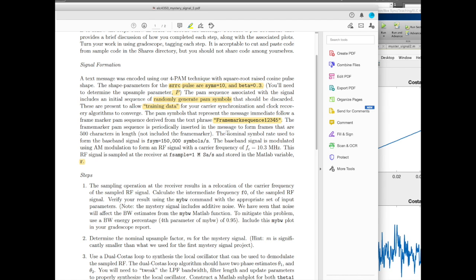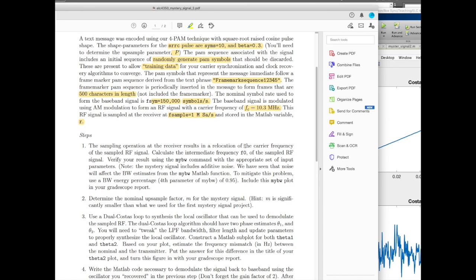At the end of the day, you're going to end up reproducing those 5 frames of 500 characters in length showing up in your output code. Some of the parameters you're going to need to know are the symbol rate and the sampling rate. From that, you can get the upsample factor. You also need to know the original carrier frequency is 10.3 megahertz.